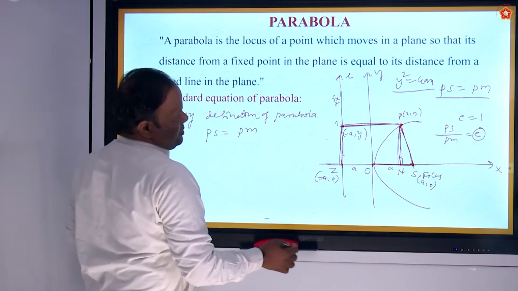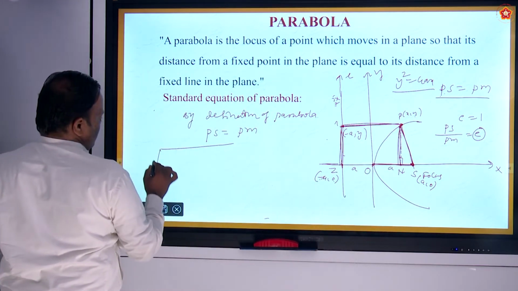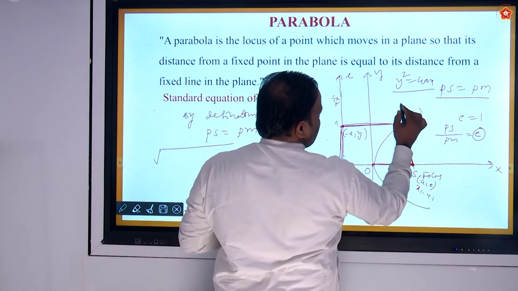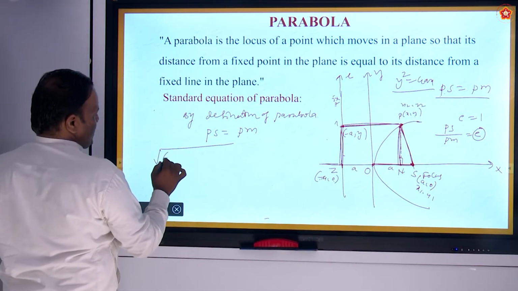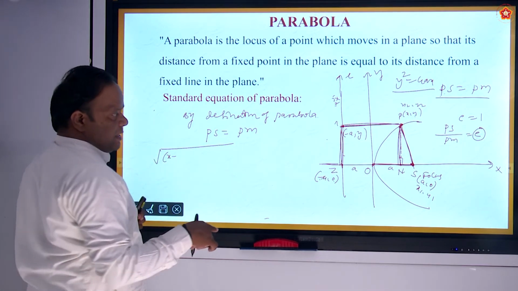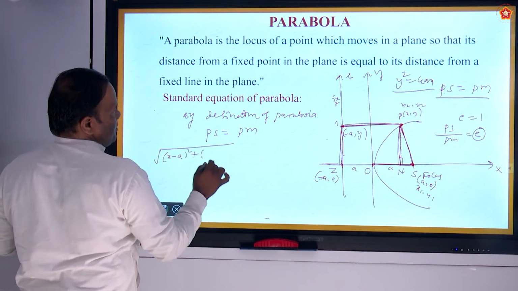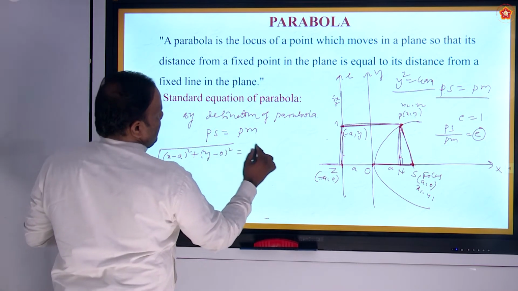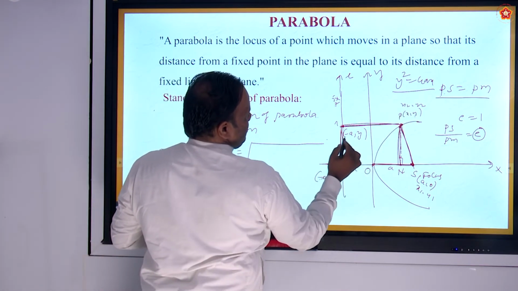What is PS? How can you find PS? By using the distance formula. Give the names x1 y1 and x2 y2. The formula is root of x2 minus x1 whole square plus y2 minus y1 whole square. So x minus a whole square plus y minus 0 whole square. On the right-hand side, PM.